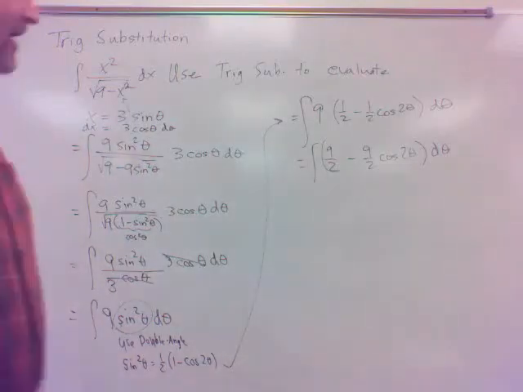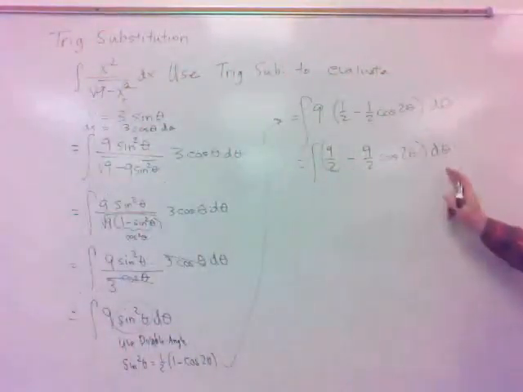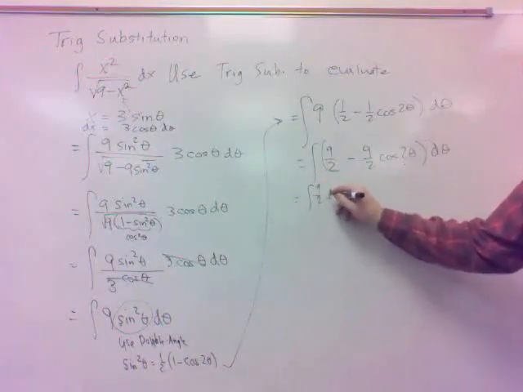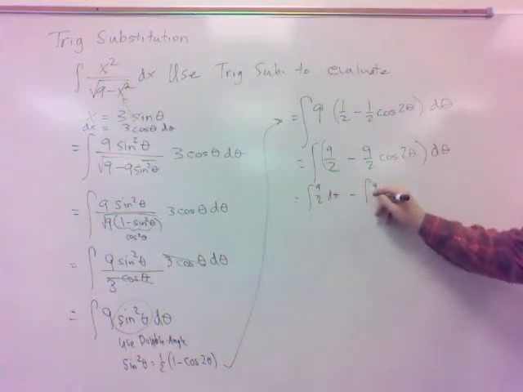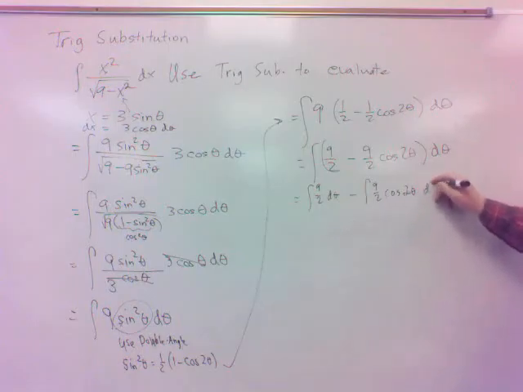All right. We can do this, though, right? This is then just 2 integrals. It's the integral of 9/2 d theta, and this is minus the integral of 9/2 cosine 2 theta d theta. I'm splitting that out because there's still a little more work on this one.